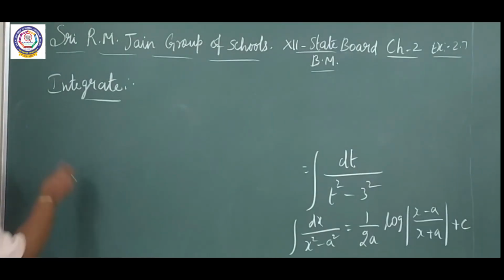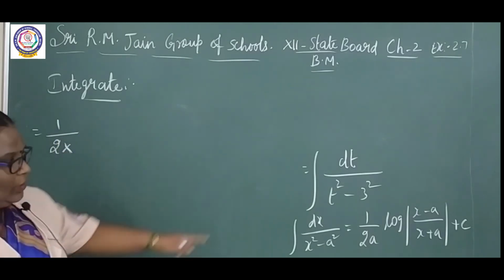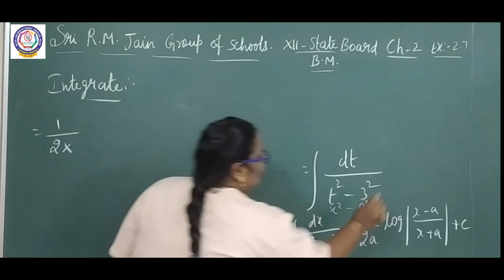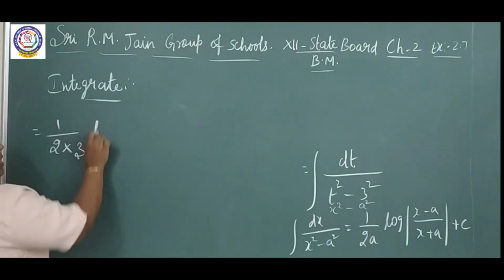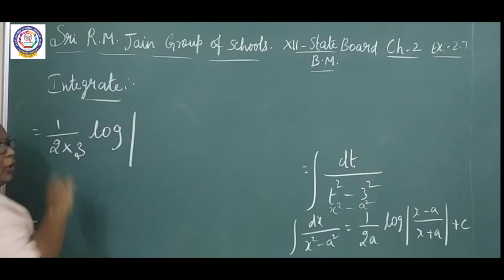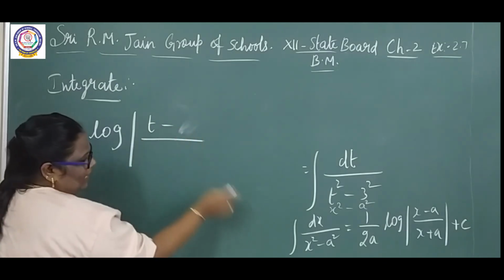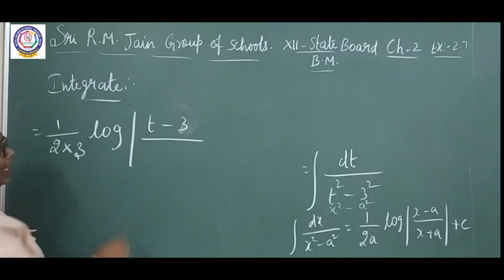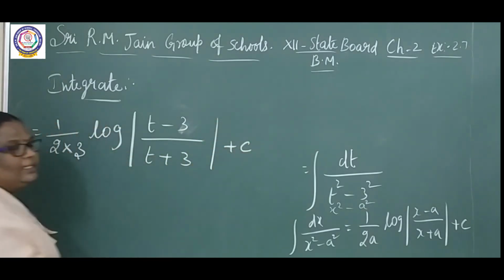1 by 2 into what is a value? A value is 3, because this is x square minus a square. 1 by 2 into 3 log of modulus of t minus a by t plus a, what is the value of a? A value is 3. t minus 3 by t plus 3 plus c.